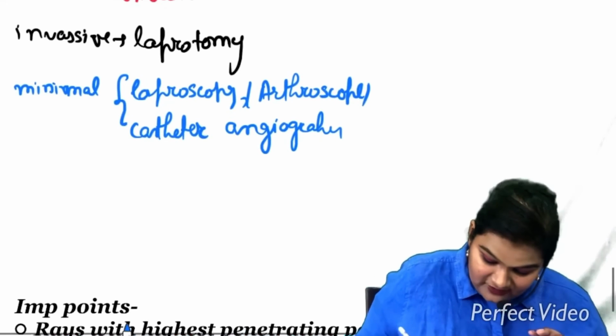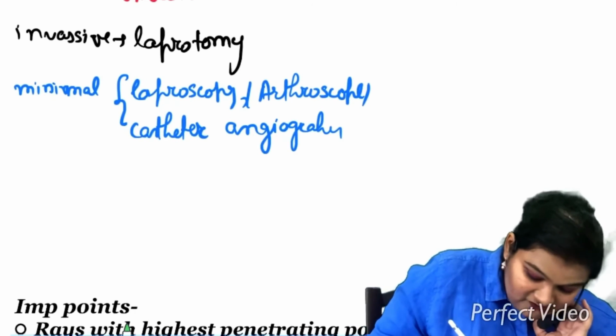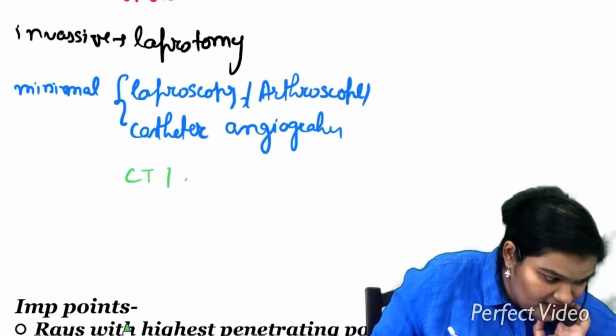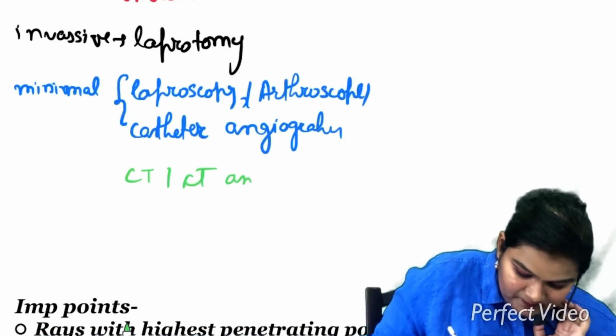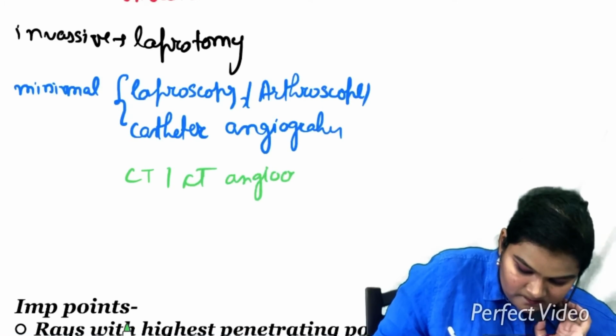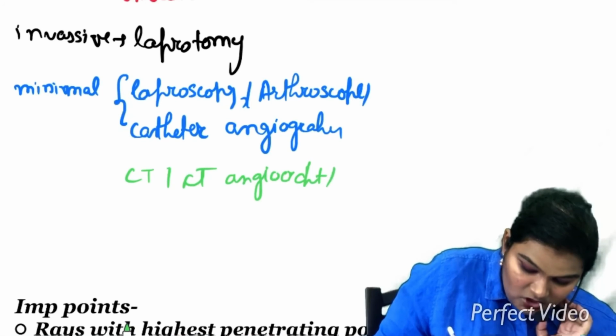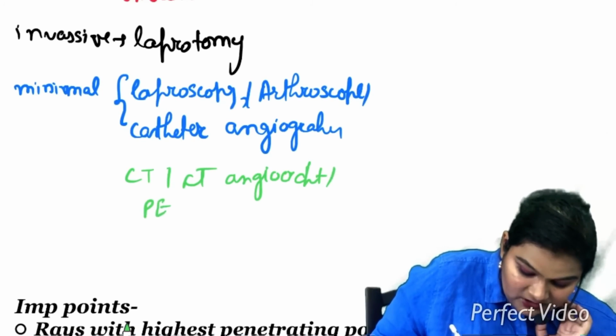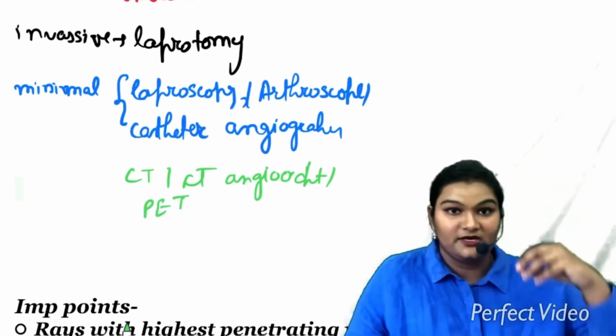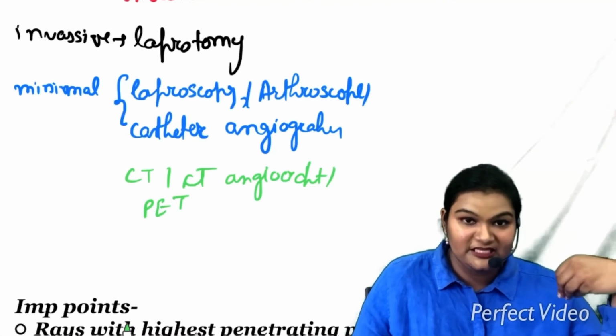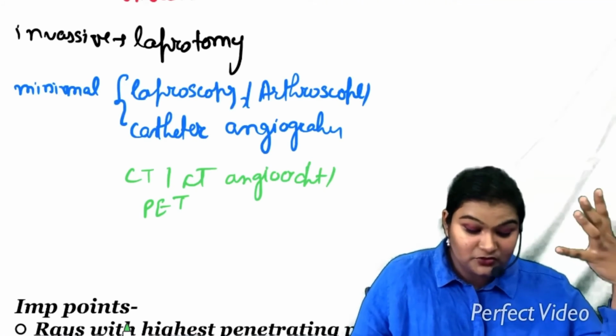And then we have the CT scan, CT angiography, or PET scan. What happens here is that a radio-opaque dye is introduced in the body and then the imaging is done.